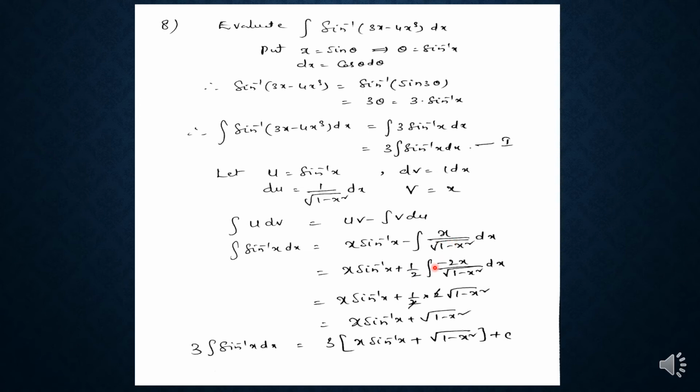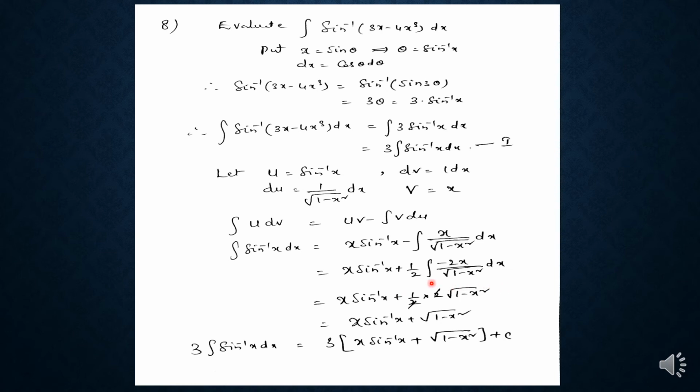By multiplying and dividing with minus 2, minus of minus half becomes plus 1 by 2 integral of minus 2x by root of 1 minus x square dx. So the given integral is in the form of integral f dash x by root f of x dx. So this can be written as x into sine inverse x plus 1 by 2 into the integral of minus 2x by root of 1 minus x square dx.